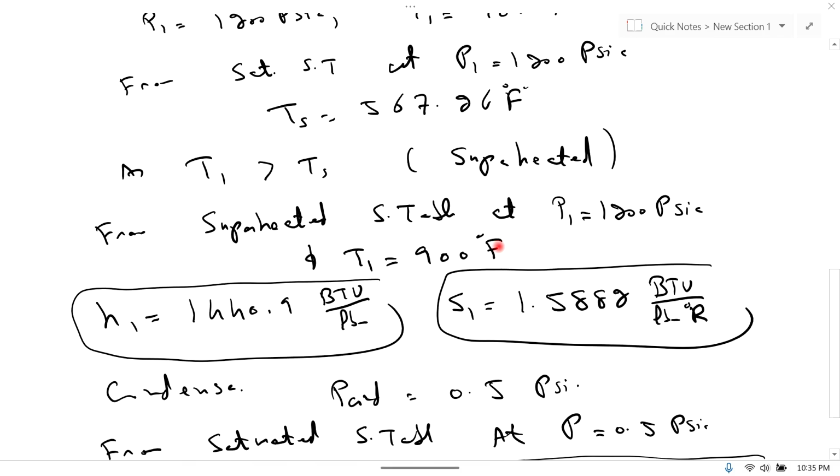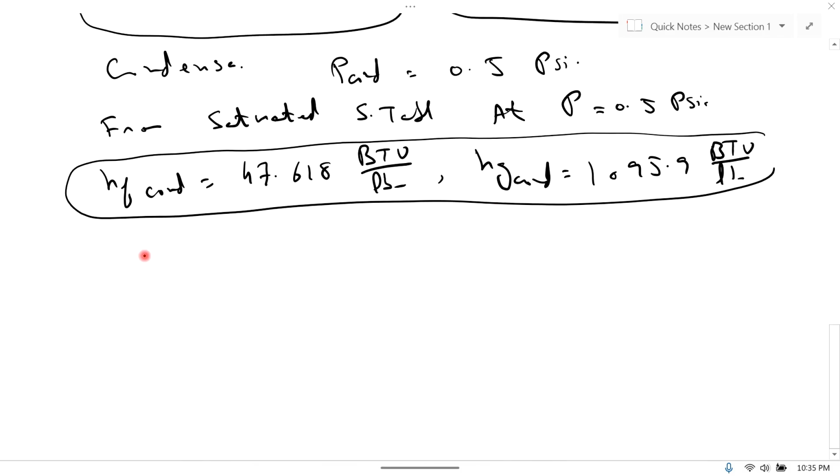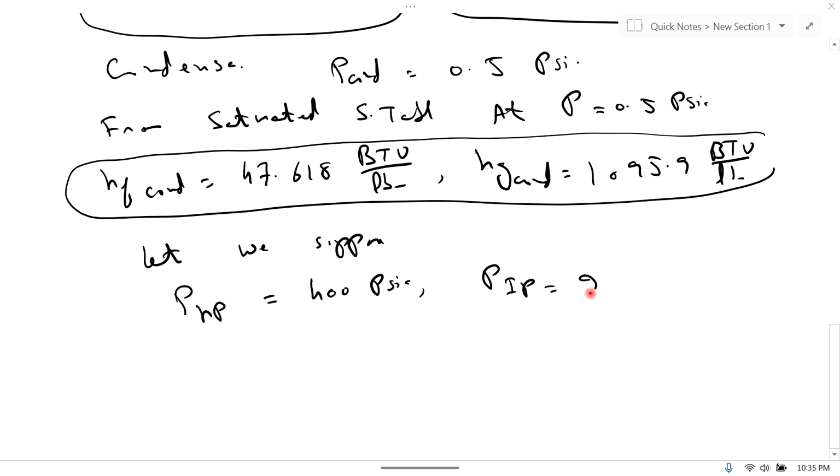So let us suppose the pressure for the high pressure section of the turbine is equal to 400, pressure for the intermediate section is equal to 200 psi, and pressure for the low pressure section of the turbine is equal to 50 psi.